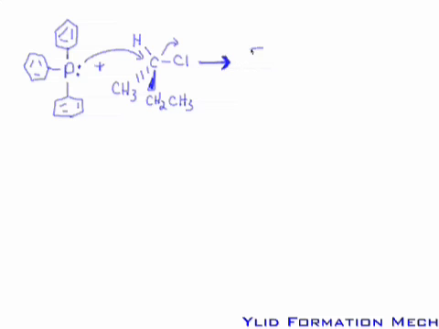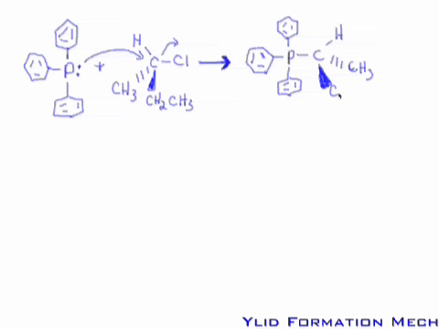And so what you produce is a phosphonium ion: P, and then the C with the H, the CH3, CH2CH3.